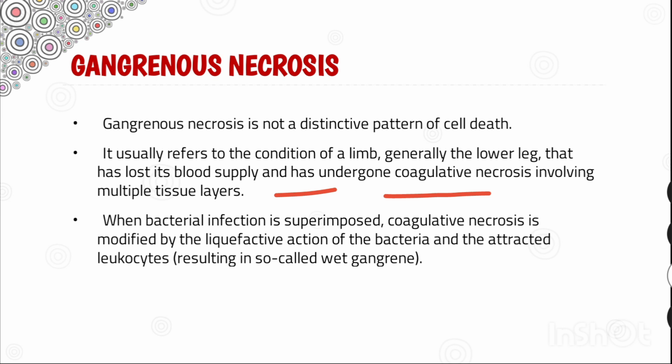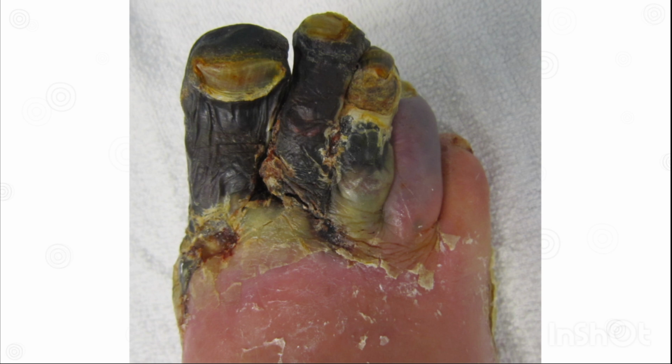I told you before, such bacterial infections can lead to liquefactive necrosis. So when bacterial infection occurs along with coagulative necrosis, then liquefaction happens, that is, leukocytes come into action, and thus wet gangrene is formed. Here is a picture of gangrenous necrosis.